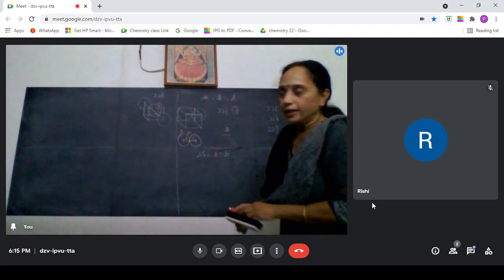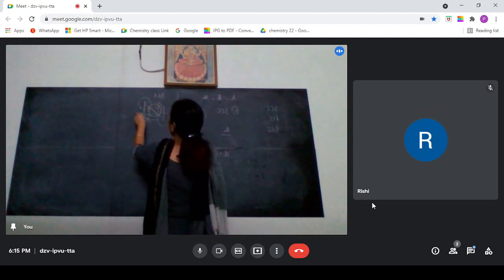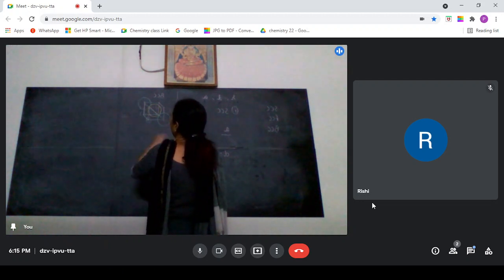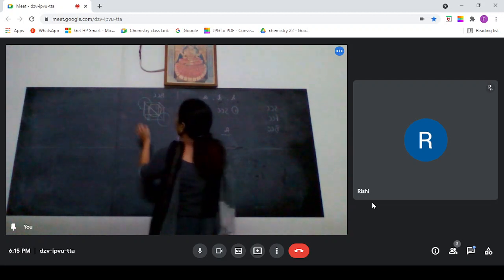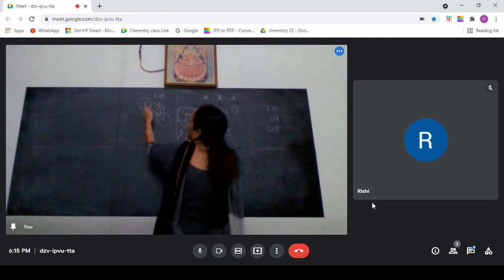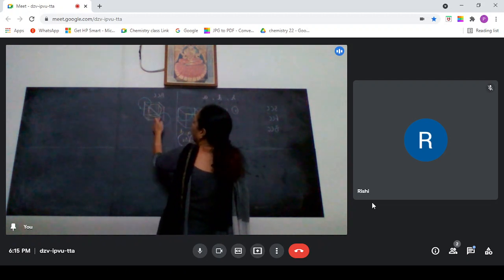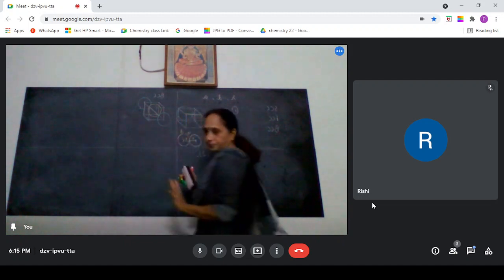This is a body centered cube. I have not shown the particles here, because it will be more confusing. Body centered means you will have one particle at the center of the body, and you have particles at all the corners.